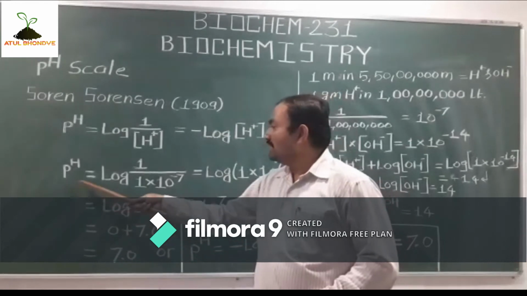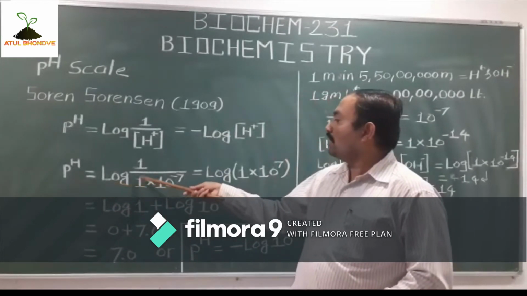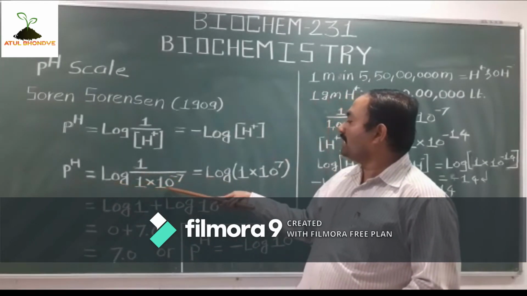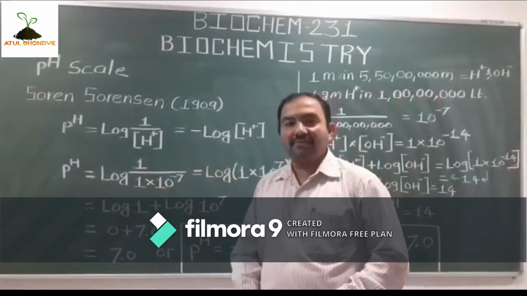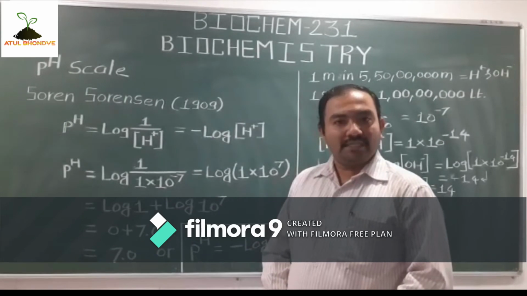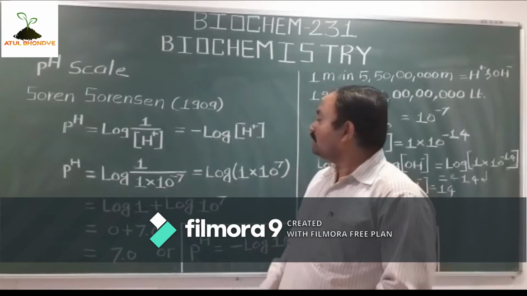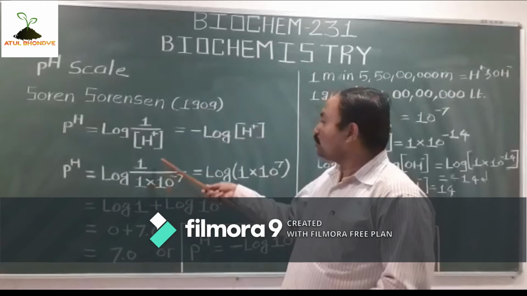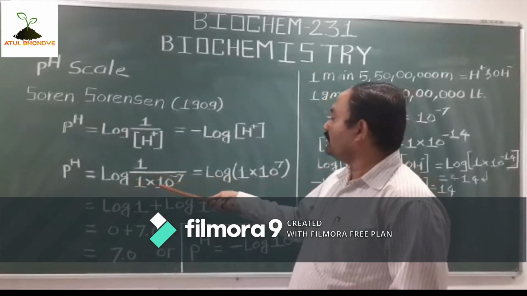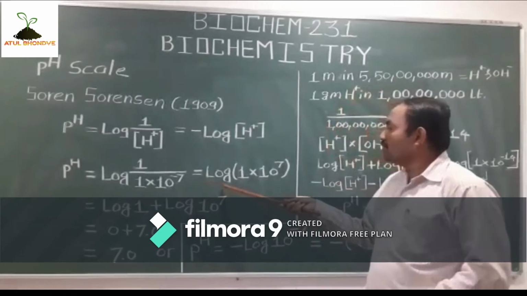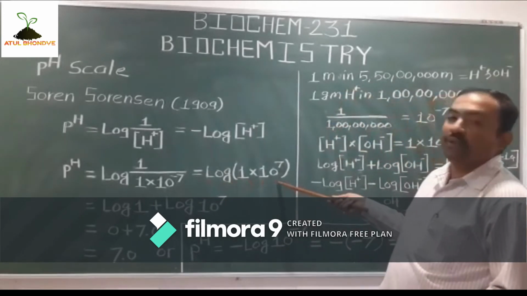So here pH is equal to log 1 divided by 1 into 10 raised to minus 7. How this 1 into 10 raised to minus 7 appears, we calculated in the previous class. So log 1 divided by 1 into 10 raised to minus 7 gives rise to log 1 into 10 raised to 7.